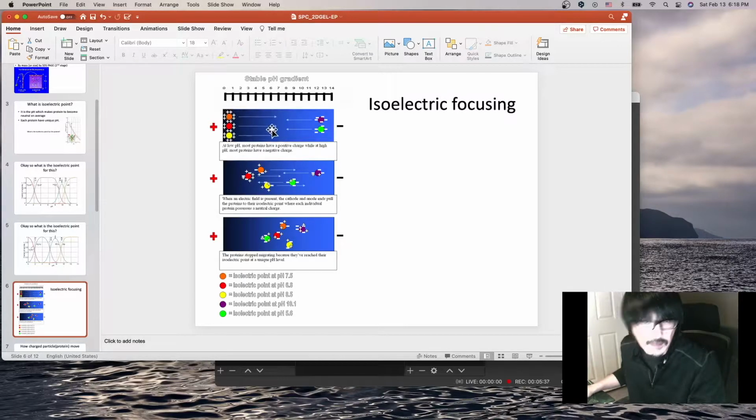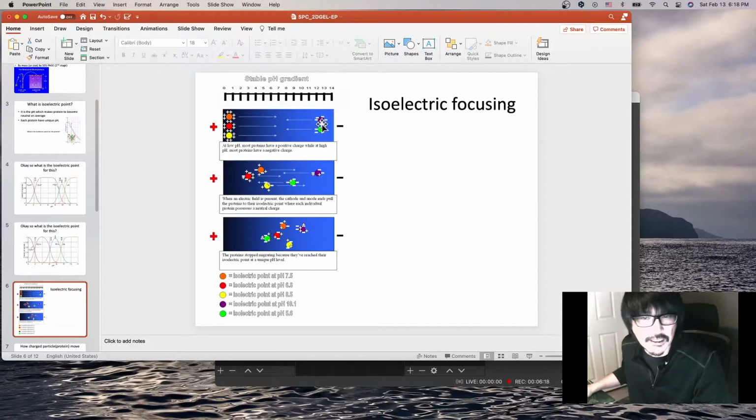When the surrounding is acidic, the ions tend to become positively charged, and when the surrounding is basic, they tend to have negative charge. So most of these are positive and most of these are negative. You apply a gentle electric field, the acidic side being positive and the basic side negative.